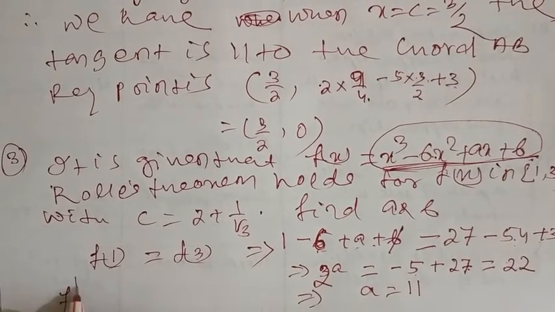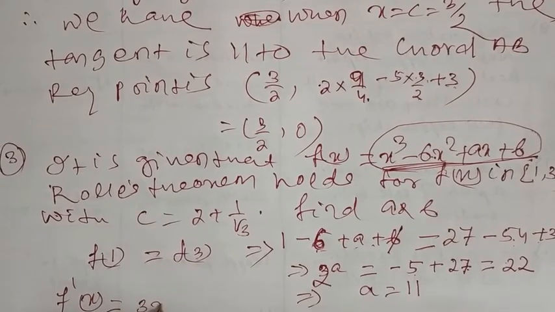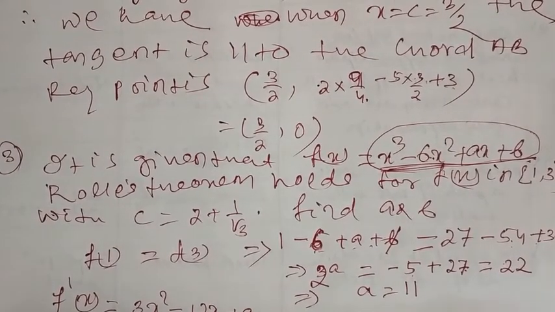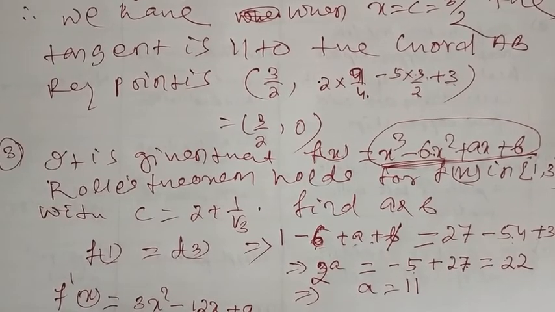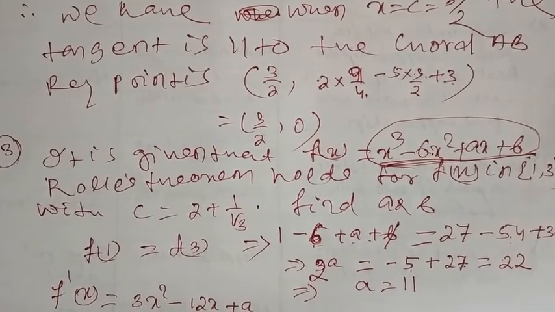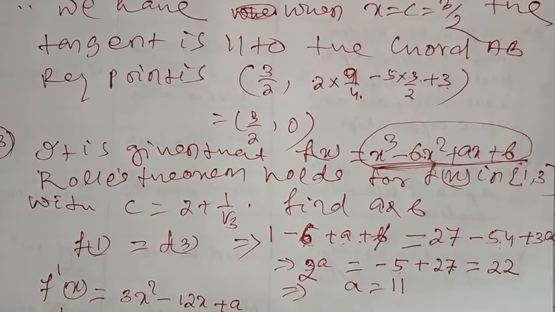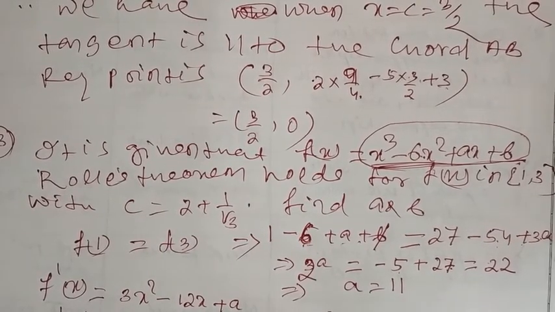Now what is f dash x? It is 3x square minus 12x plus a. And f dash c is 0. This gives me 3 into (2 plus 1 by root 3) square minus 12 into (2 plus 1 by root 3) plus a is 0.